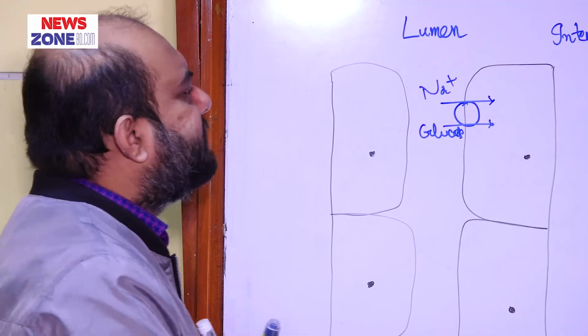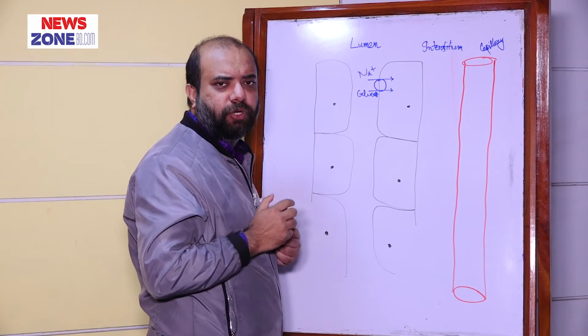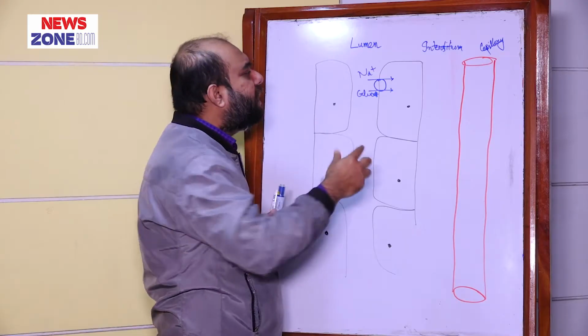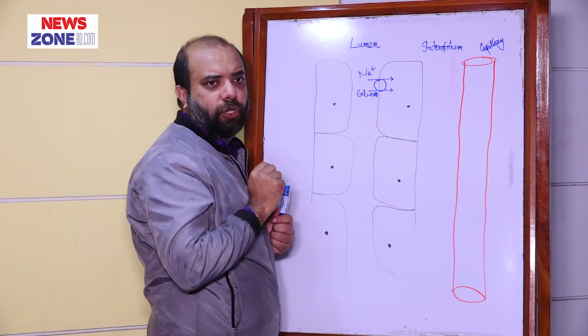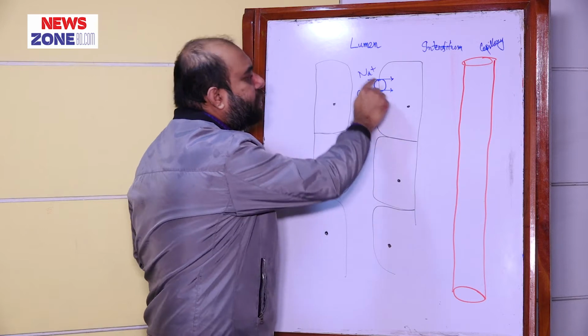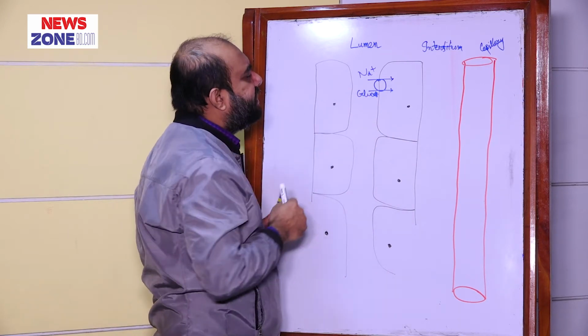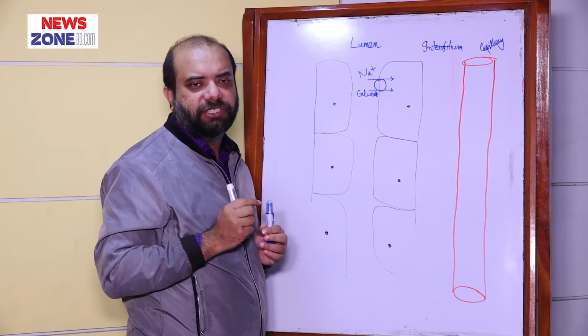Your examiner may ask, what is the name of this transport protein or carrier protein? This transport protein is dependent solely on the sodium ion and it will transport the glucose molecules. So we can name it the sodium dependent glucose transporter.